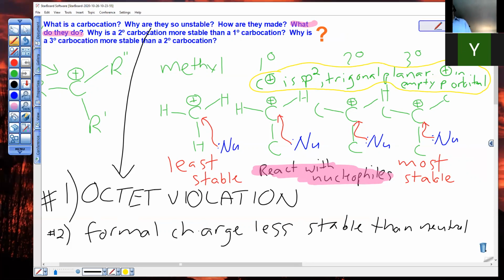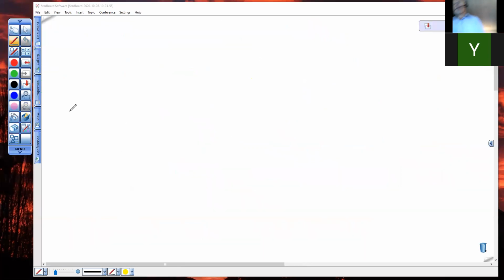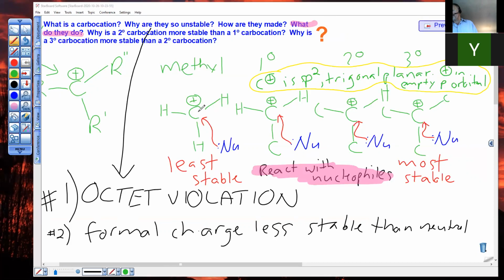So, next page. You got your C. Now, if I take the plane of that cation from this page, they're all flat on the plane of the page. So they're all like this up against the page. And I'm going to rotate that 90 degrees. And let's see what we have.